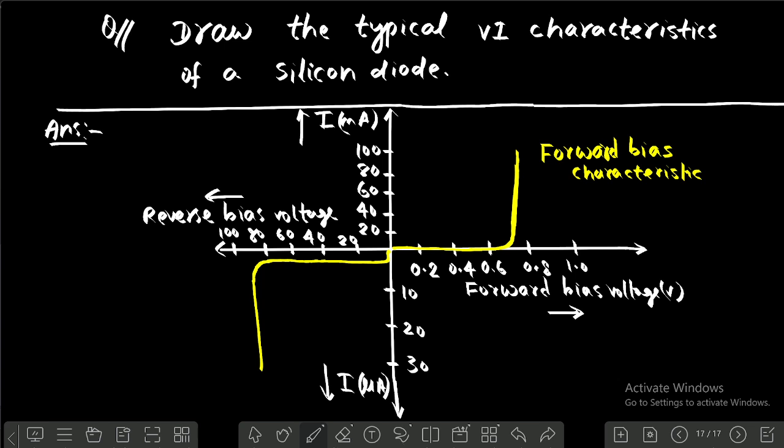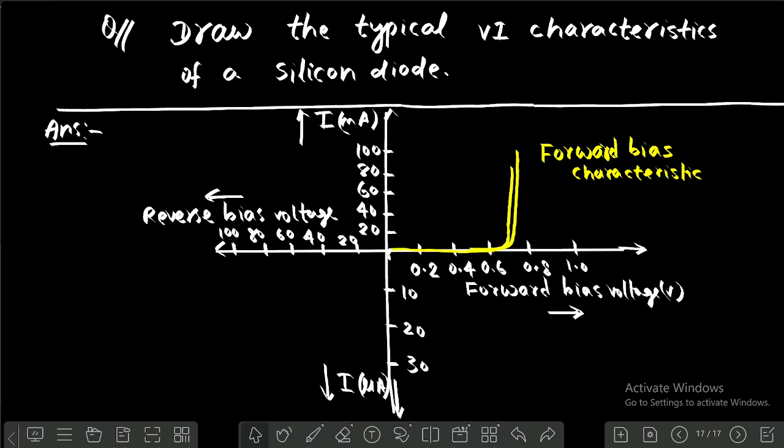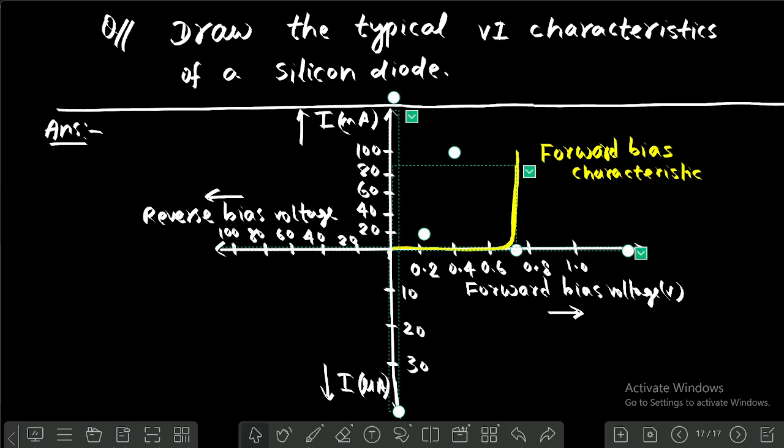Everyone listen carefully. This current is the saturation current. In reverse bias, the current is mostly independent of the applied voltage, so the current will saturate. No worries, like this you draw.